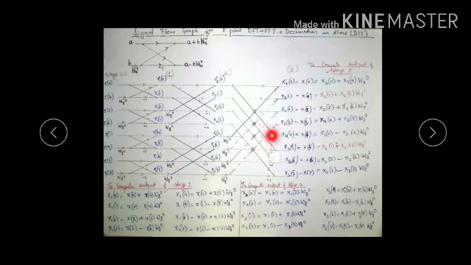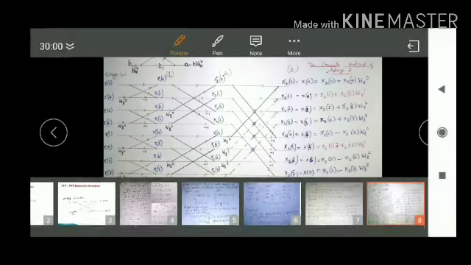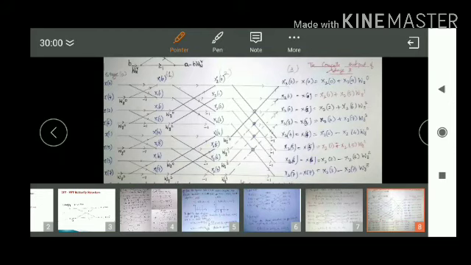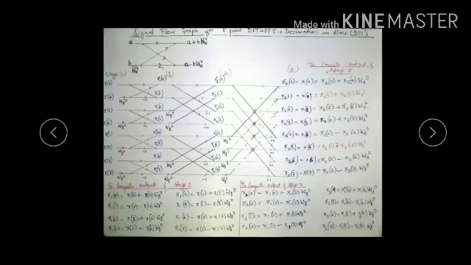Once I have drawn this, from here only I have to start the X. Now here it will be W8^0, W8^1, W8^2, W8^3, then W8^0, W8^1, W8^2, W8^3 should be minus 1 as it is. I have given the relevant equations according to the stages. For this stage the equations are over here, and this is the output.